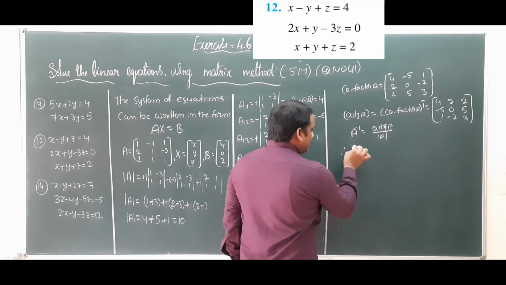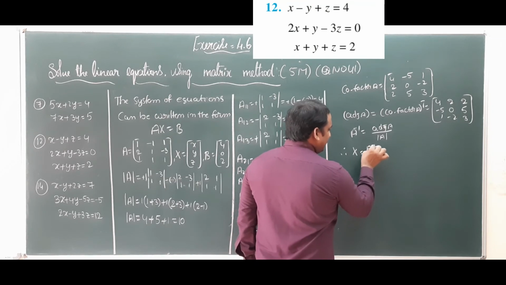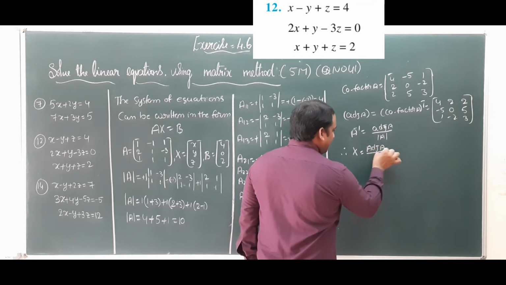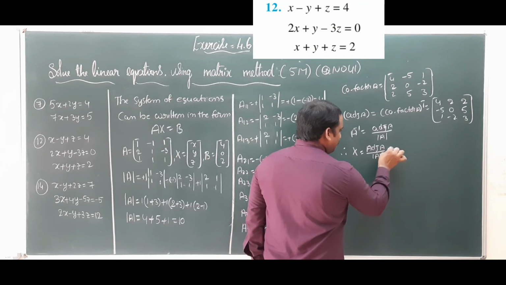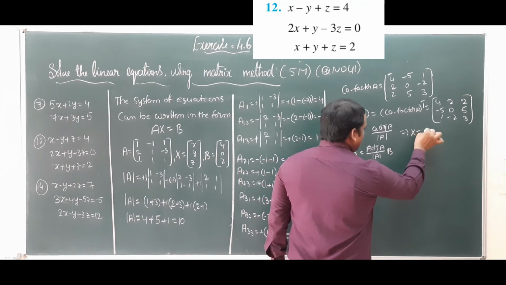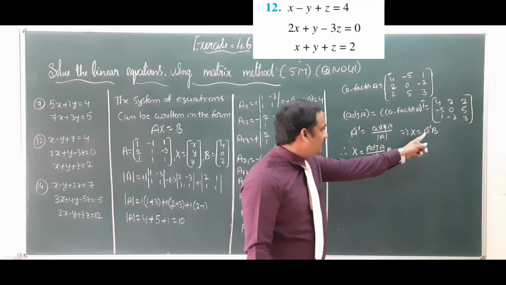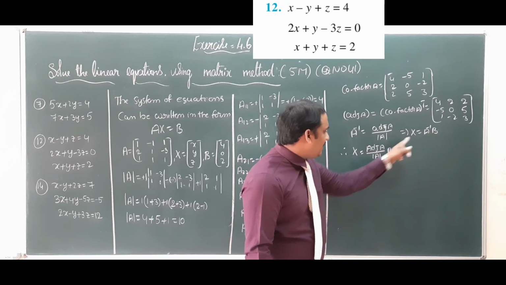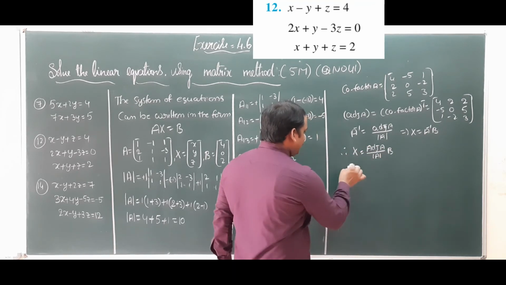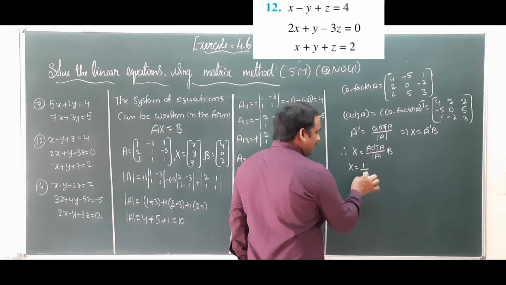Therefore x equal to adjoint of A by A into B. That means here x equal to A inverse into B. A inverse means here adjoint of A by A into B. Therefore x equal to 1 by 10, delta value 10.